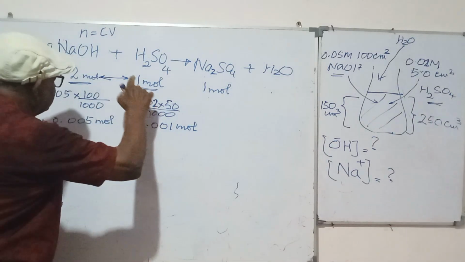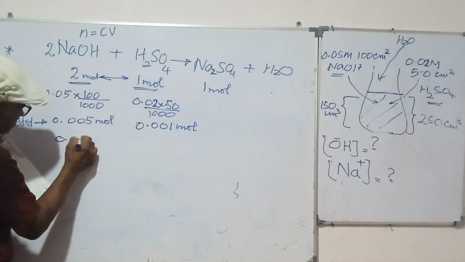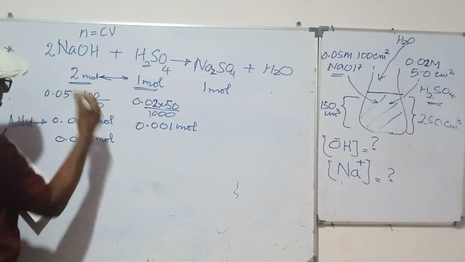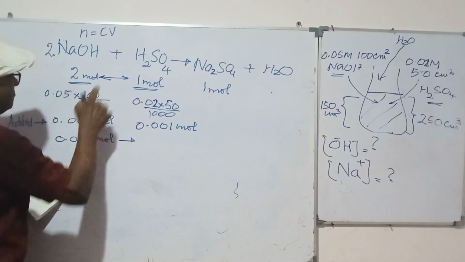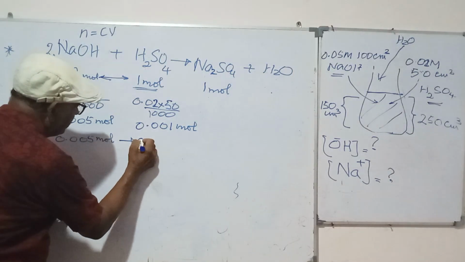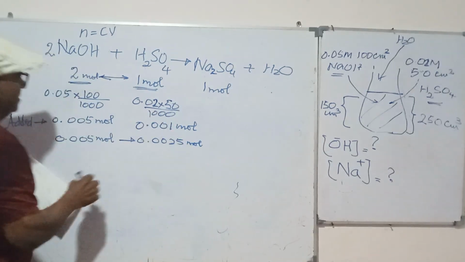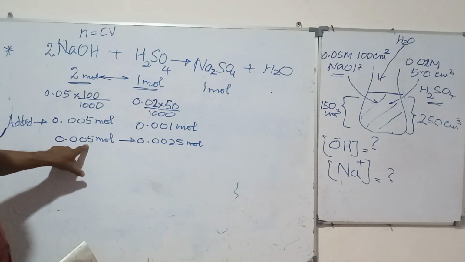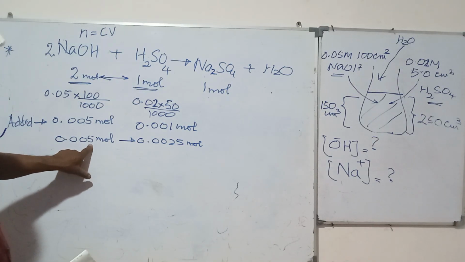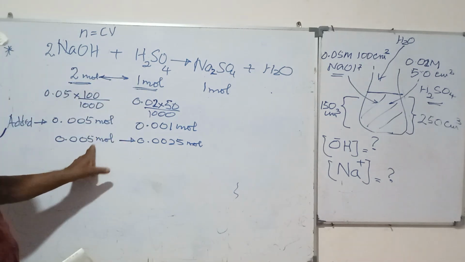Then, if we think 2 is 0.005, the ratio 2, how much should be the 1? 1 is half of that, 0.0025. If 0.005 undergoes the reaction, it needs 0.0025 because of the 2:1 ratio.